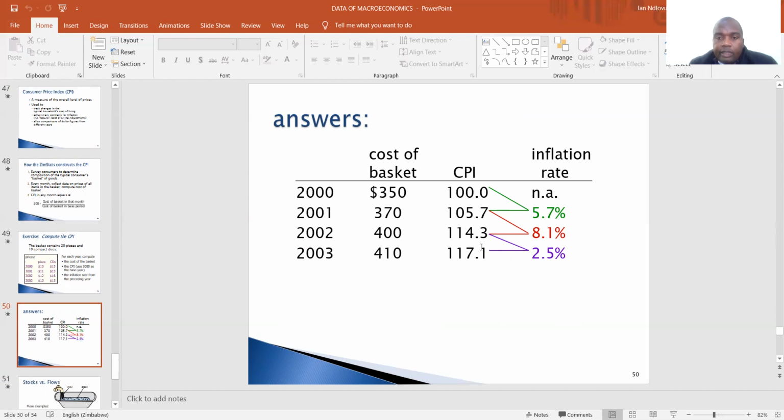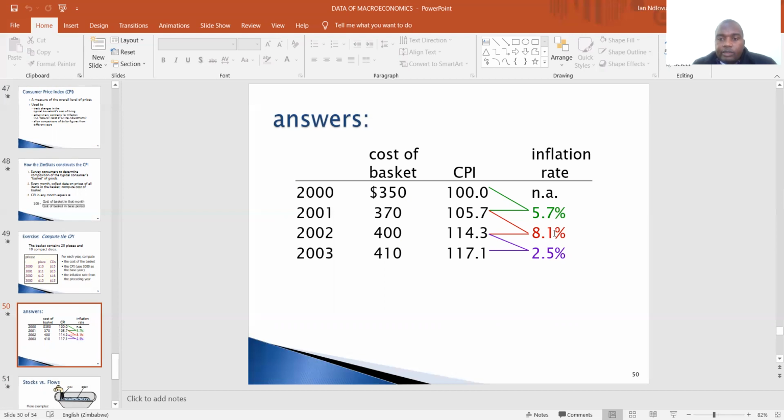And then 114.3 minus 105.7, we must get 8.6.